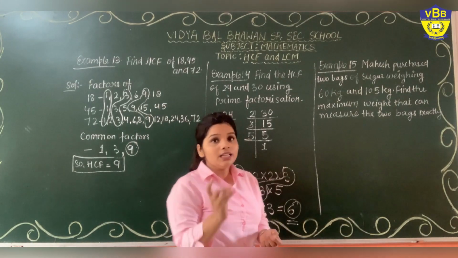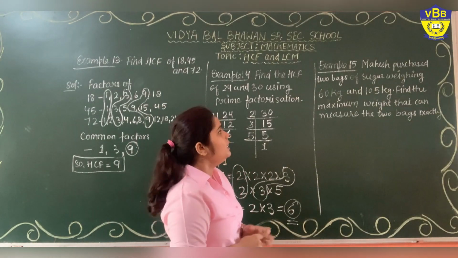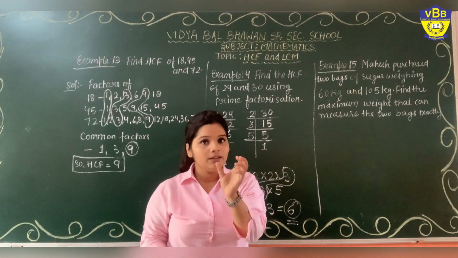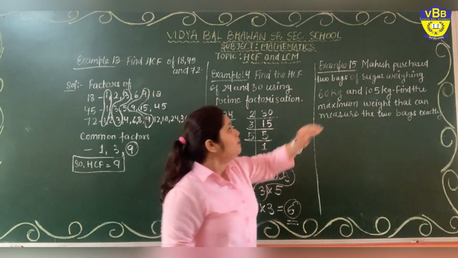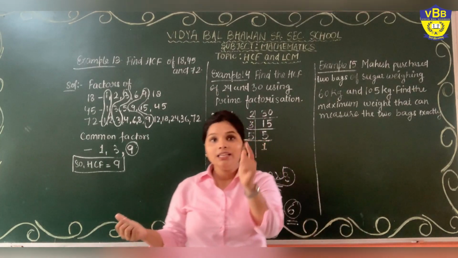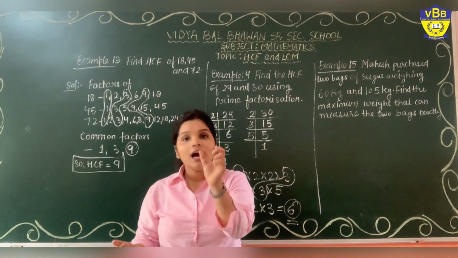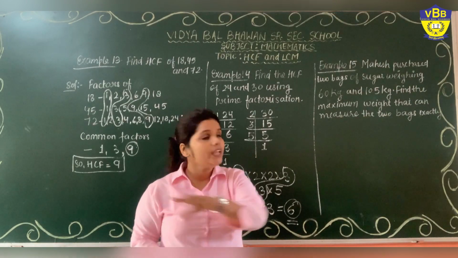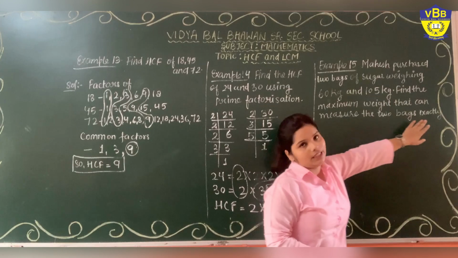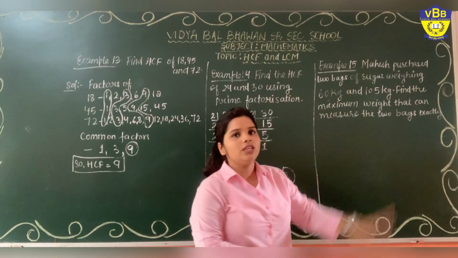Or you can understand the question very well. It is saying there should be a maximum weight which can measure these 2 weights exactly. So it should be the HCF of these 2 weights.